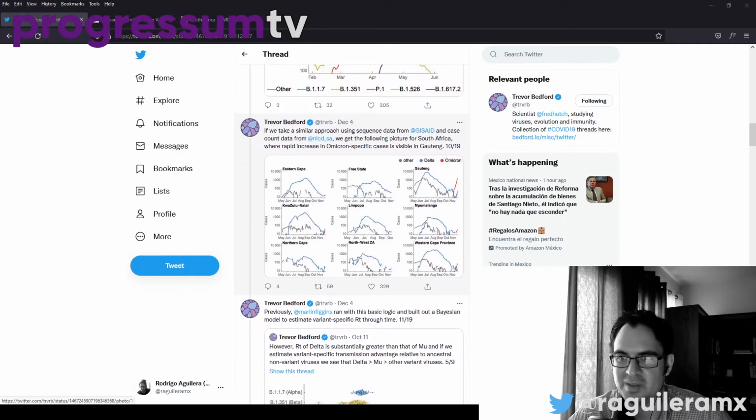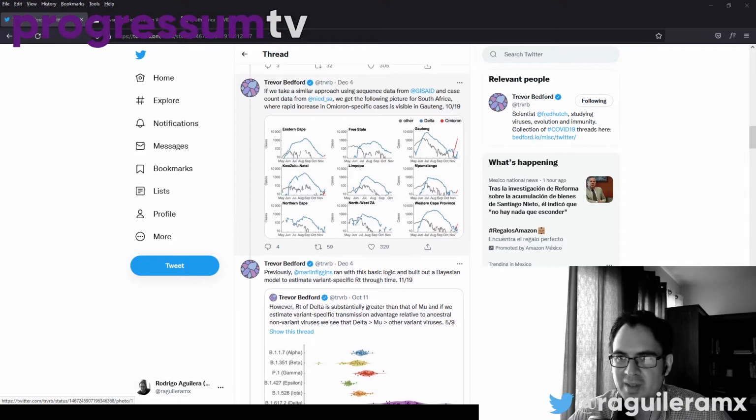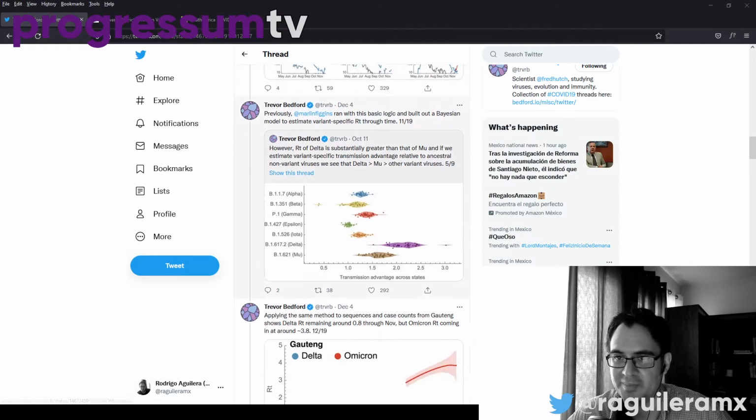And this same kind of chart is being used now for different regions of South Africa, and you can see in Gauteng, it's a massive slope. So it's rising at a very fast rate, slightly faster than when Delta first hit. So there is reason to suggest that it is considerably more transmissible than Delta. Now, the question is just how much more?